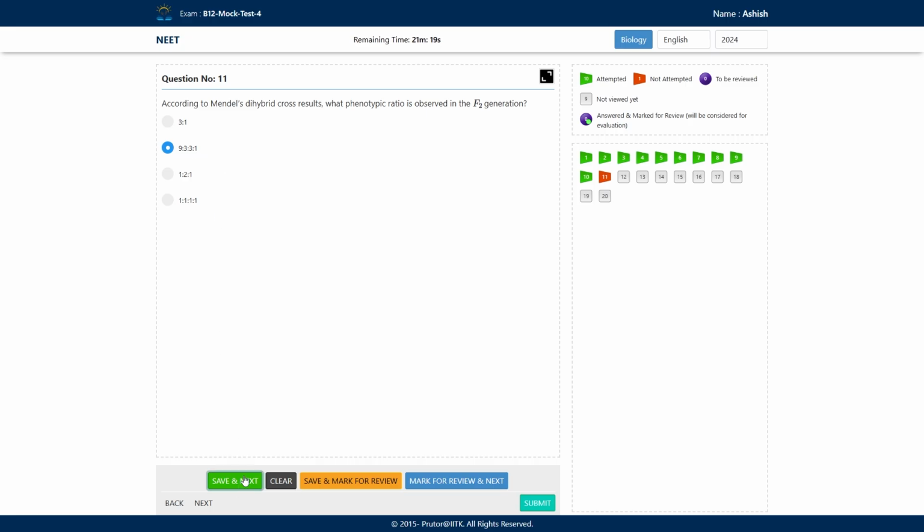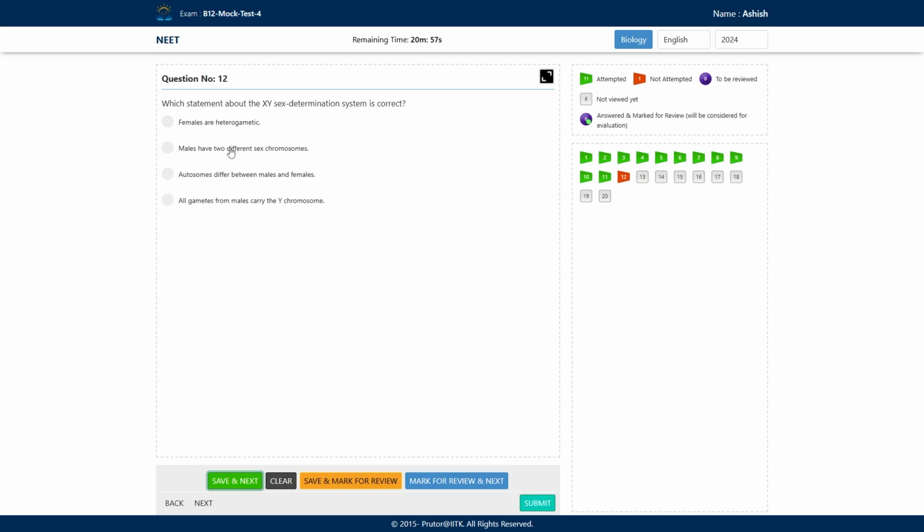Okay. Next, which statement about the XY sex determination system is correct? Okay, so they are talking about the XX and XY sex determination system here, which is observed in humans as well. Option A: the females are heterogametic, meaning the females are producing 2 kinds of gametes.